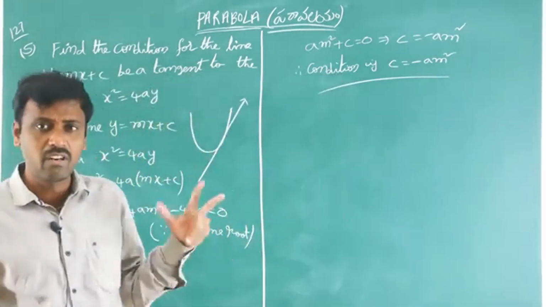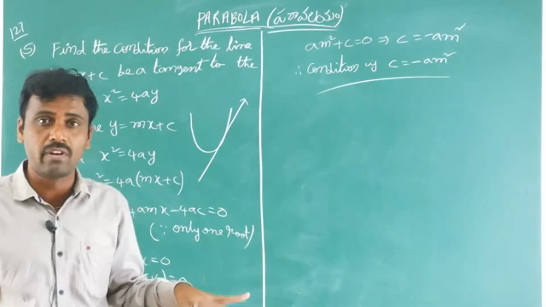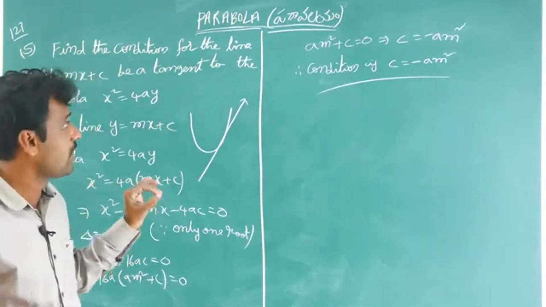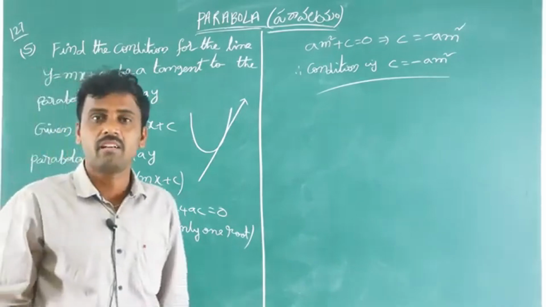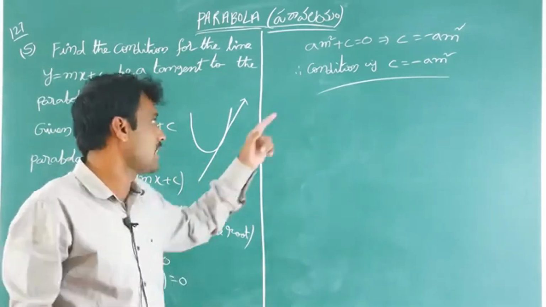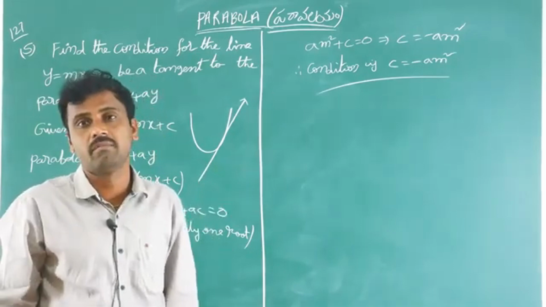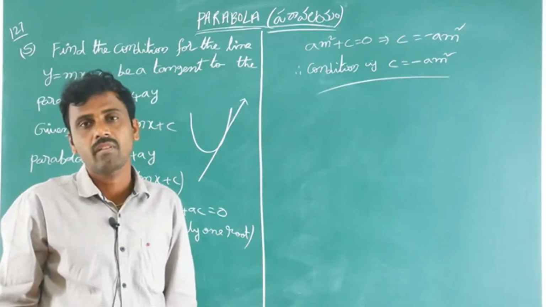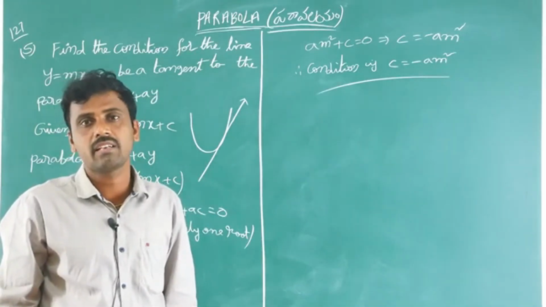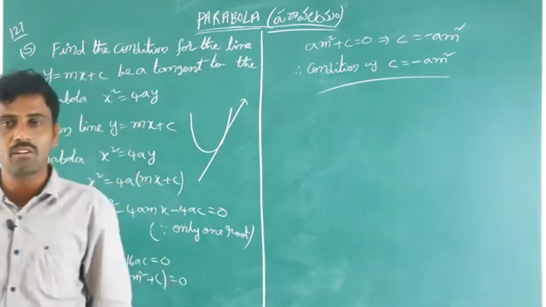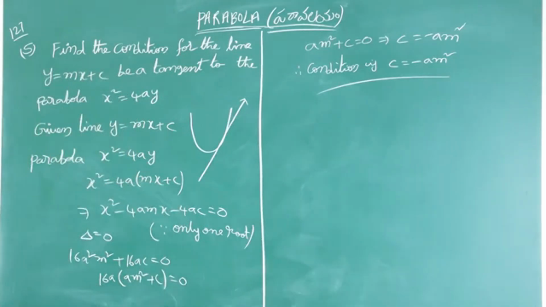Whereas if y equals mx plus c is tangent to y square equals 4ax, then c equals a by m. Here the parabola is x square equals 4ay, therefore c equals minus am square. For the standard form y square equals 4ax, c equals a by m.